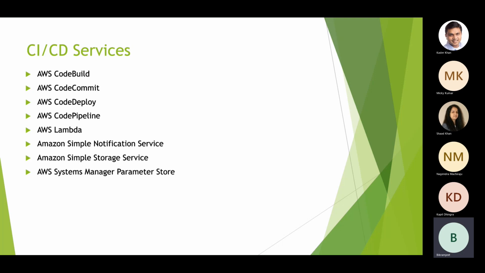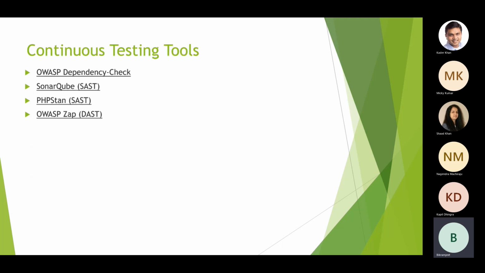Moving on to the next slide, that is for continuous testing tools. These are all third-party tools that you can use for testing: OWASP dependency check, SonarQube, PHPStan, OWASP ZAP. So these are the tools that you can use to scan your code to find the vulnerabilities, or you can have a defined pattern for your code, or you can define the linting for the code.